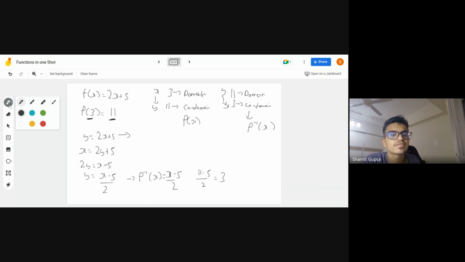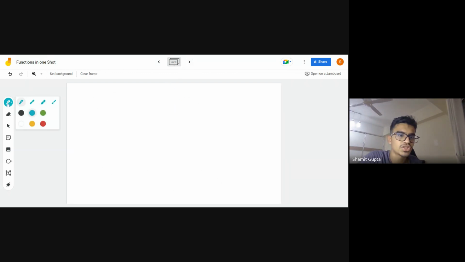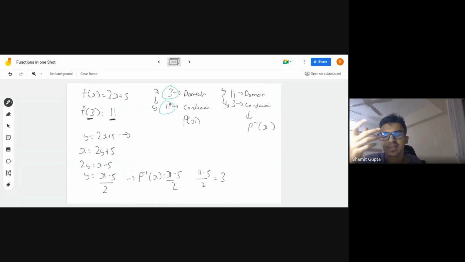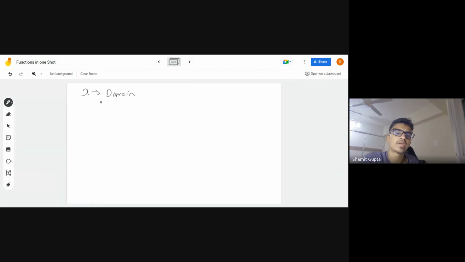Now, one thing which is very important about this: 3 was the domain, 11 was the codomain. Now let's be a bit more general. Suppose you have x as the domain. If I chose the domain as 3, I will get one codomain, 11. If I choose the domain as x, I will get many codomains, so I'm just going to write that as range.